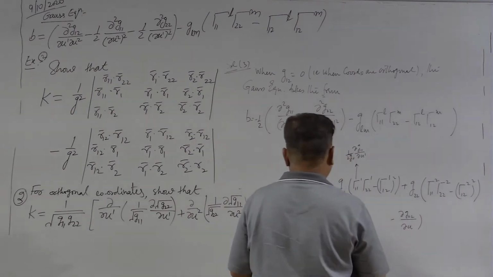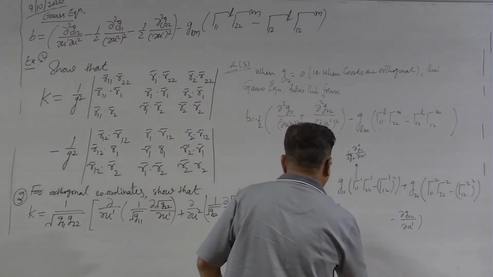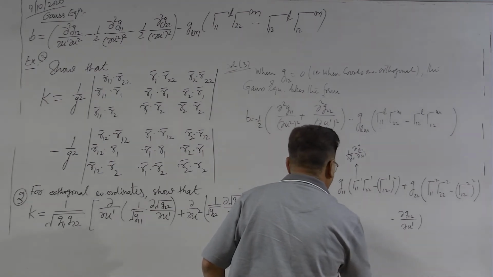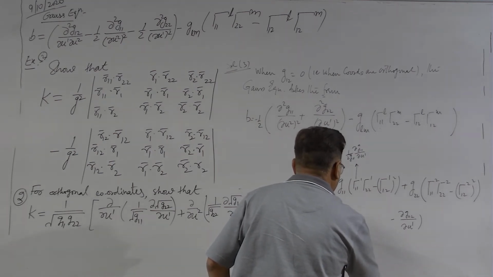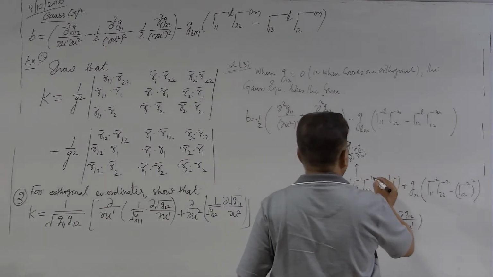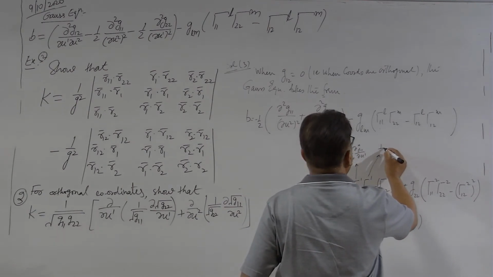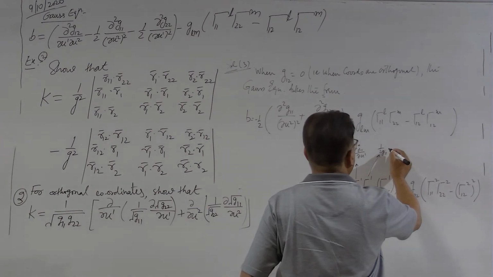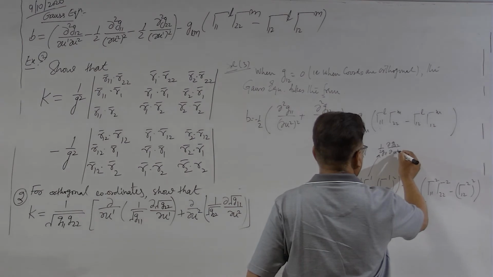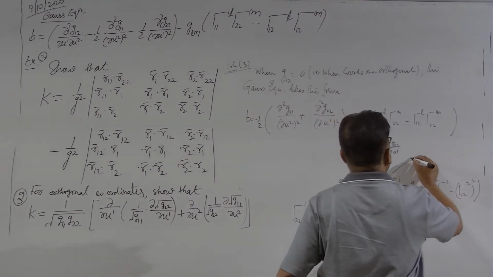So, this becomes 1 upon 2 G11 into minus del G22 upon del U1. So, you have got hold of this also. Okay, similarly, you can compute this.